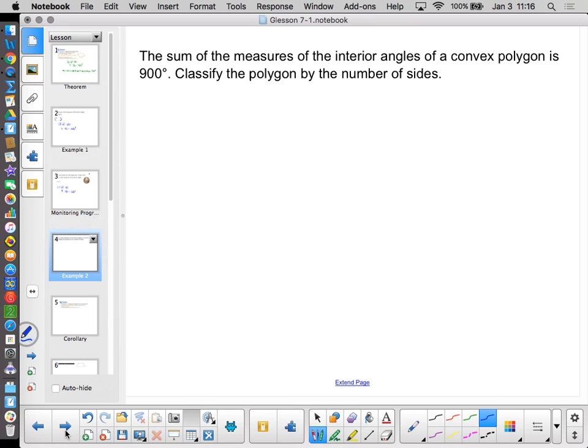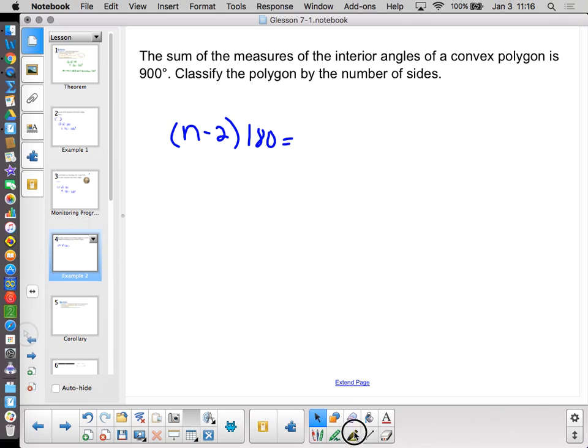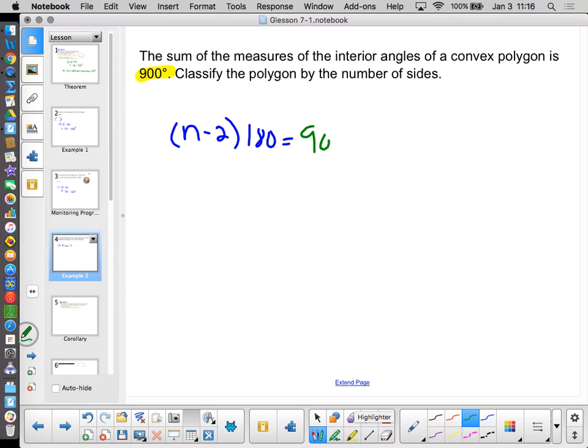We could also work this backwards. If I know the total number of degrees in a polygon, I can find the number of sides. Now my formula is number of sides minus 2 times 180 equals the total. In this case, we know what the total is. The total is 900. Now mathematically, how are we going to solve that? Well, pretty simple.